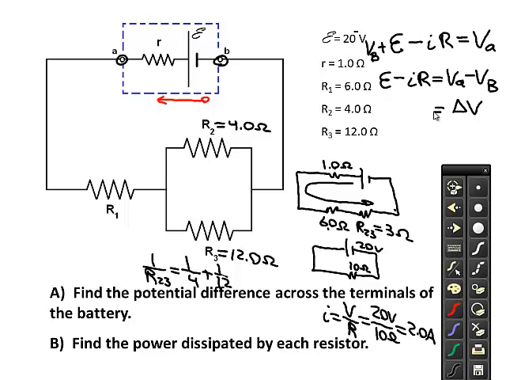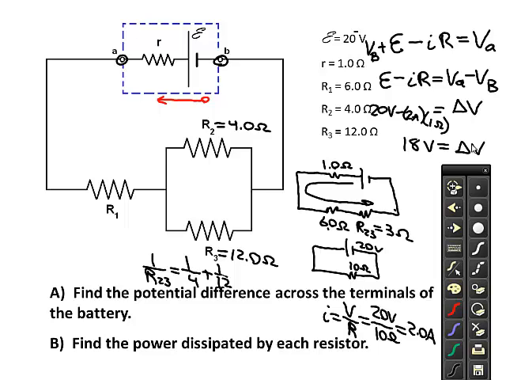So it's going to be 20 volts minus I. I is 2 amps, times R, which is 1 ohm. So 18 volts is the potential difference across the battery.